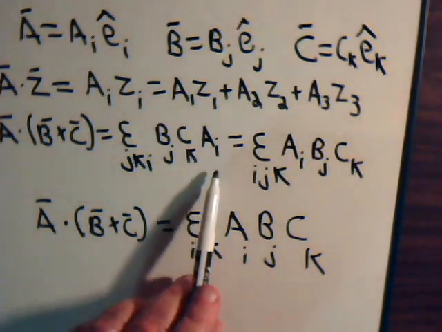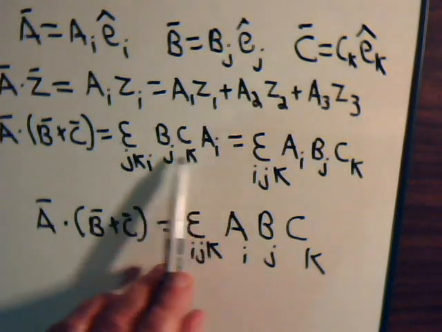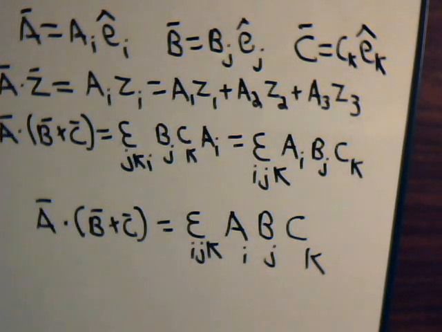Now we could express it like this too. That's perfectly valid. But in all of our vector expressions, we try to have it set up so we have epsilon ijk.